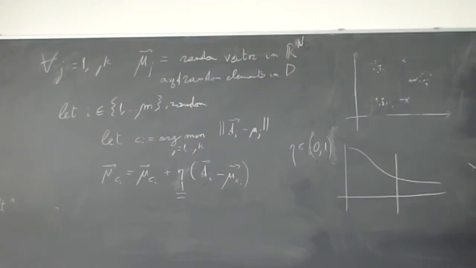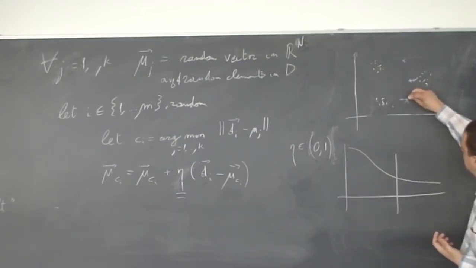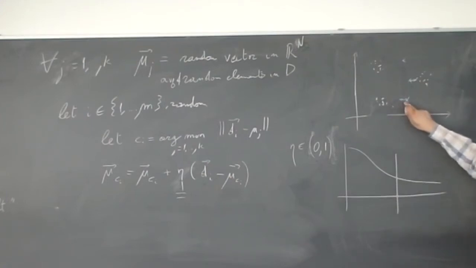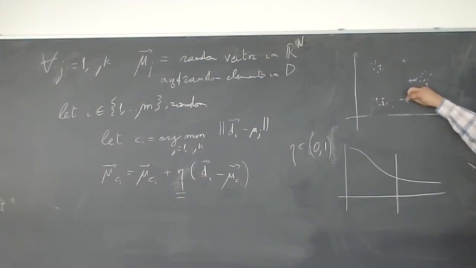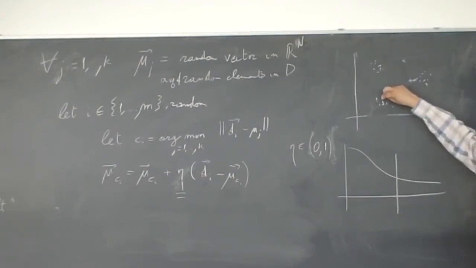You see that actually the dynamics is not very different from what we have seen in the previous case. I mean that once some elements have started pulling their own representatives to themselves, then this representative will always be considered when using these elements.